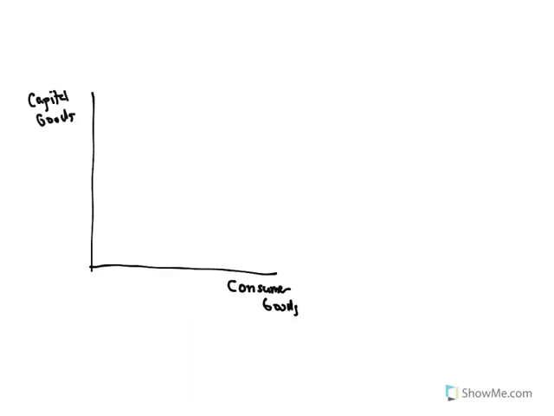So here's the PPC. And remember, we talked about before this idea that if you were at a point outside the production possibilities curve, this is unattainable, right? We don't have the resources to get that point H here.